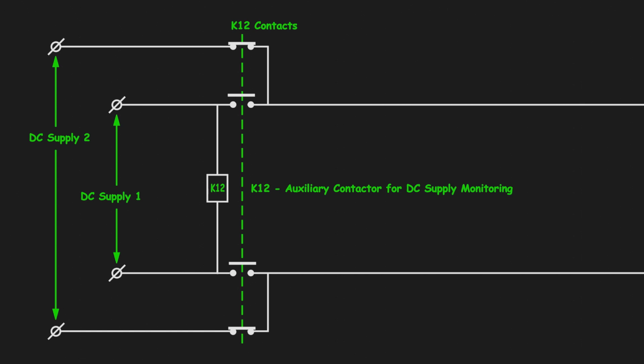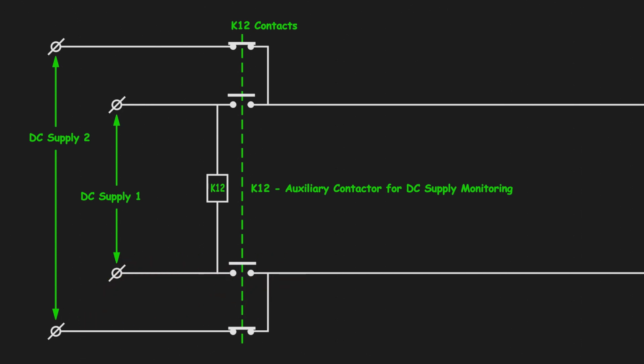As it is de-energized, the NO, normally open contacts remain open, and the NC, normally closed contacts of K12 remain closed. So when DC supply 1 fails, DC supply 2 will be connected to the circuit through this path. This is the positive path and this is the negative path.